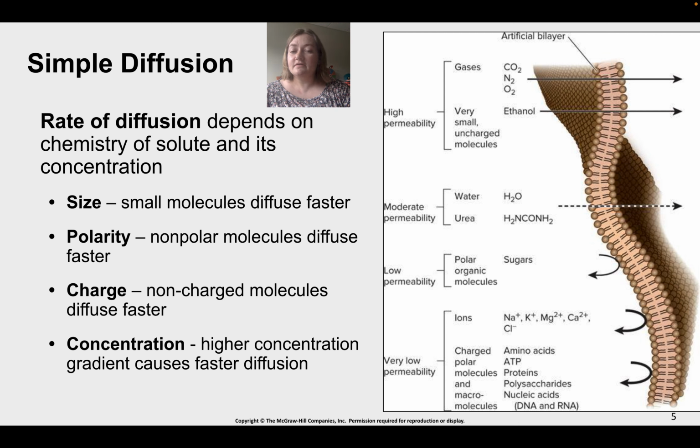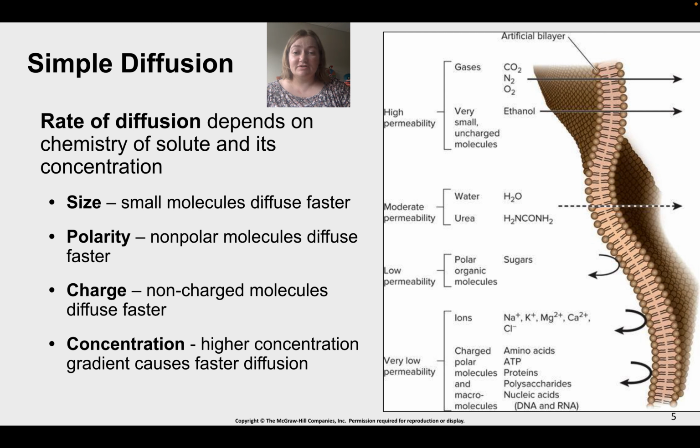So this rate of diffusion, this rate of movement, depends on the chemistry of the solute and its concentration. First of all, it has to be moving from an area of high concentration to a low concentration. If it's not doing that, it's not going to be able to go through diffusion.